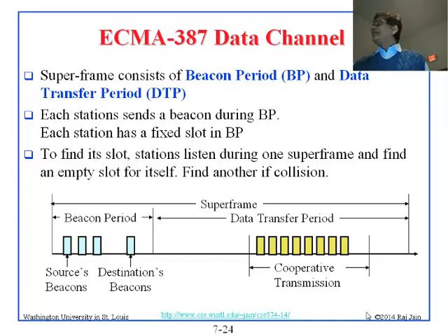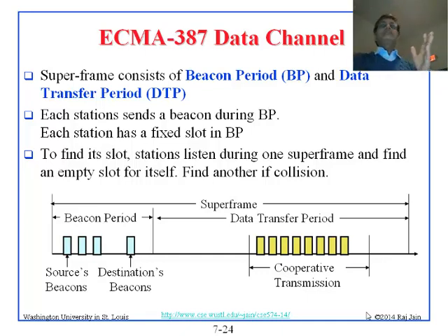Now, if the station has heard it, then it will send its own beacon and say, well, I am ready to talk to you, station 7, and for 2 milliseconds, but maybe not 3 milliseconds, whatever. So this is how they negotiate. And actually it turns out they also negotiate when they will start. And I am not sure how you really find a time.